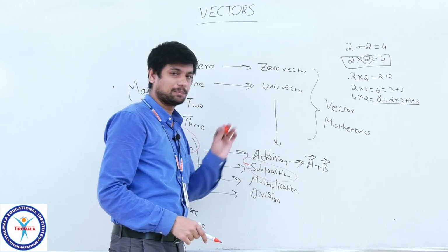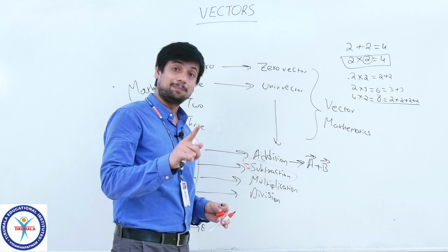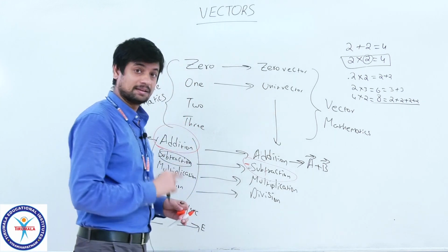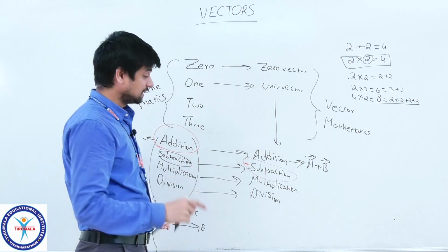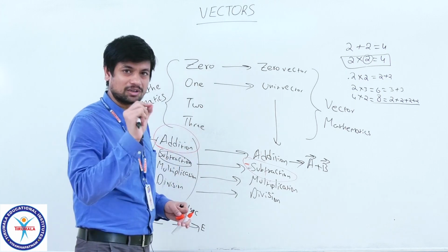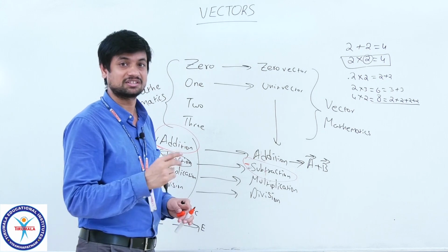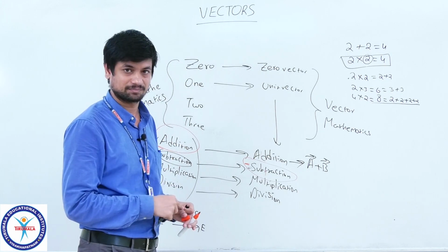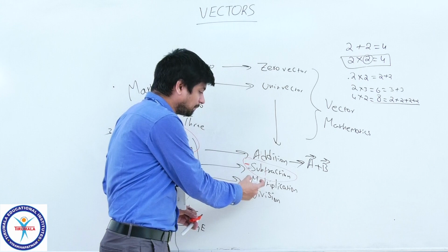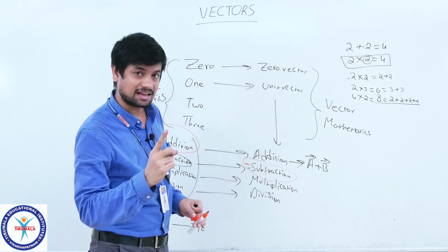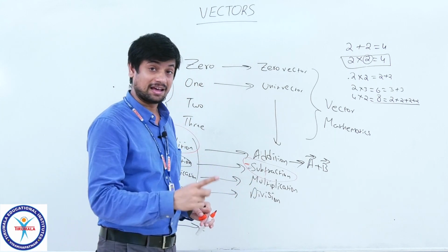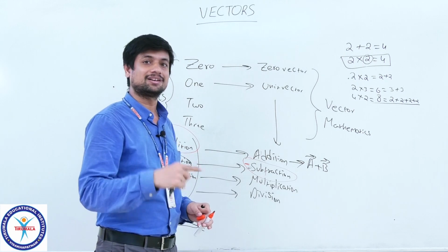And the same way multiplication, but here multiplication can be done with a scalar, that means only a number which does not require direction to understand. Multiplication can be done scalar to scalar, scalar to vector and vector to vector.